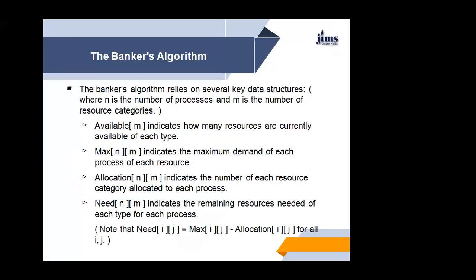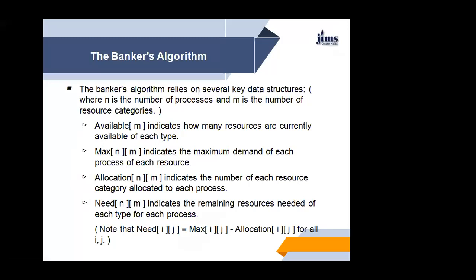Now, the Banker's algorithm relies on several key data structures, where n is the number of processes and m is the number of resource categories. Available[m] indicates how many resources are currently available of each type.